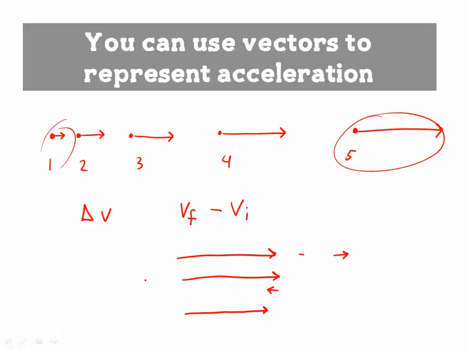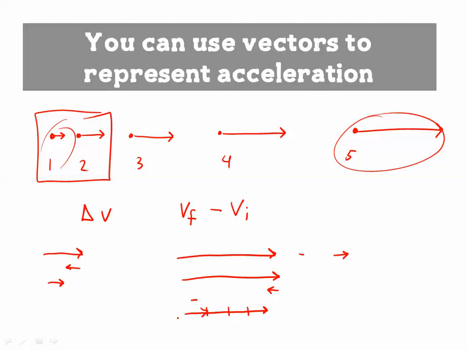This one, like I said, would be divided into 4 because we looked at 4 seconds. If we wanted to, let's just look over 1 second. We have 2 minus 1. So our acceleration is something like that.